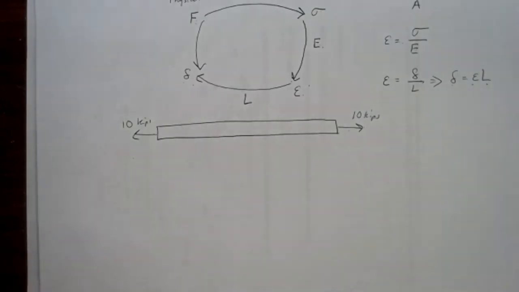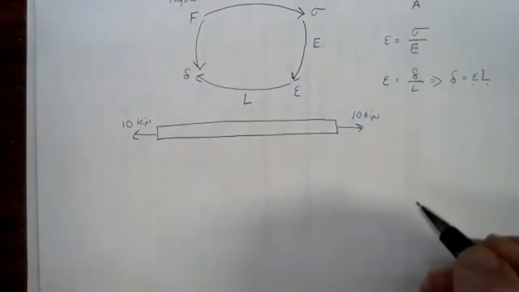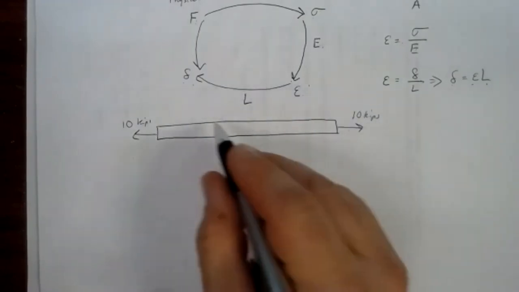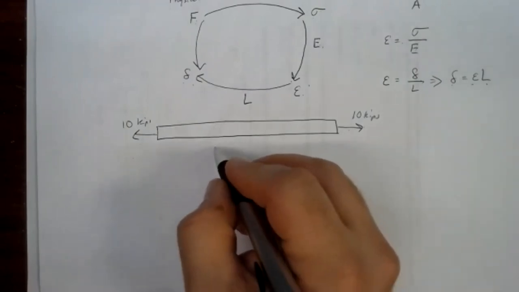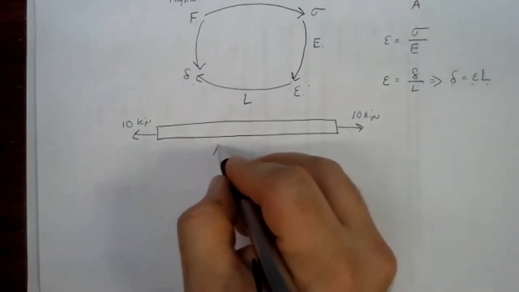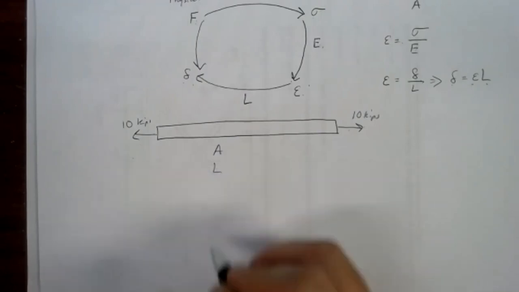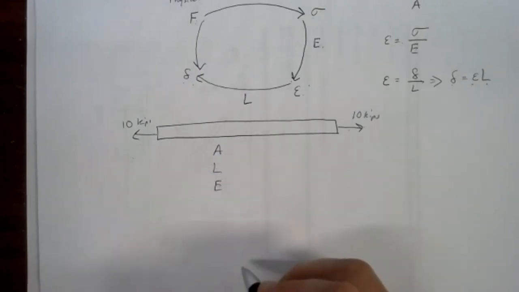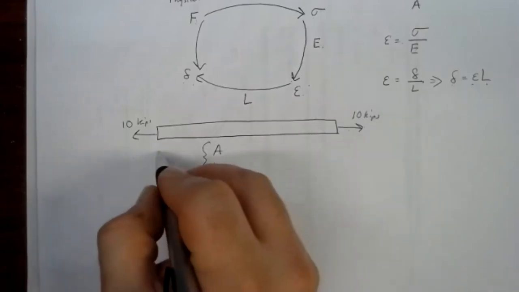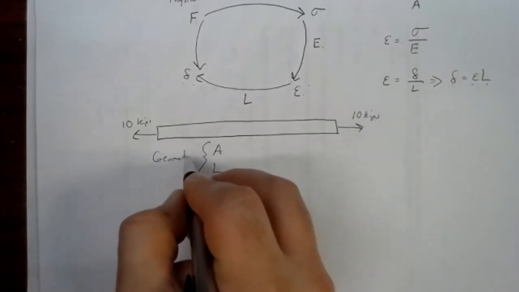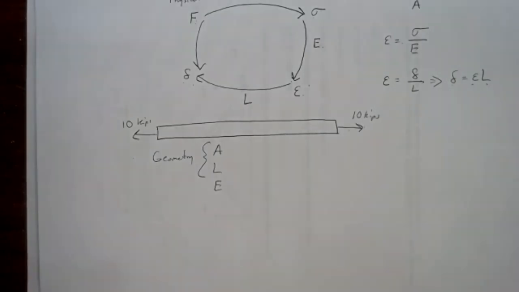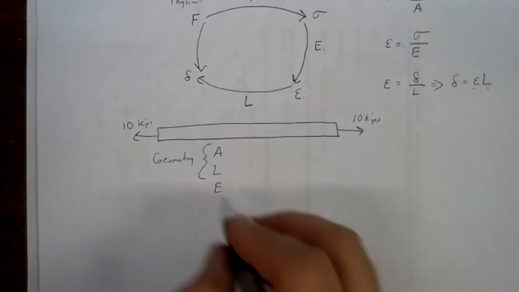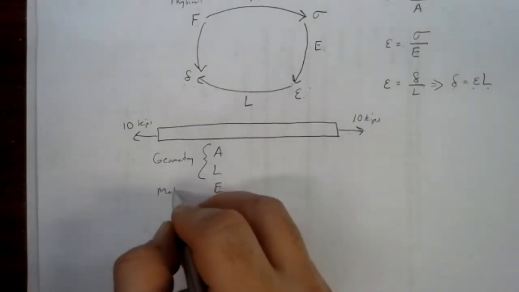Now, in order to figure out the stress and to do the calculations here, we need some information we haven't needed before. We need something about the cross-sectional area. We need something about the length, and we need to know the Young's modulus. We need to know the material. These two factors are geometry. Area and length are the physical size and shape of that beam. The Young's modulus is about the material.